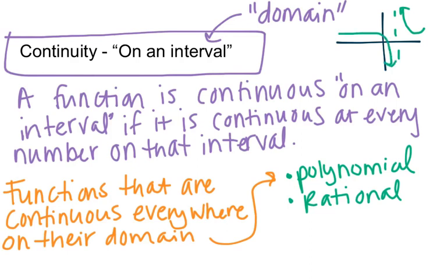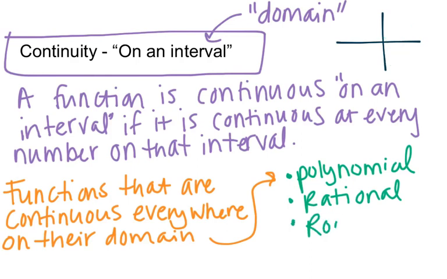So this phrase is saying that it's continuous everywhere on its domain, because when you write the domain of a rational function, you take out the x value where there's a vertical asymptote or potentially a hole, so that it is continuous on its domain.